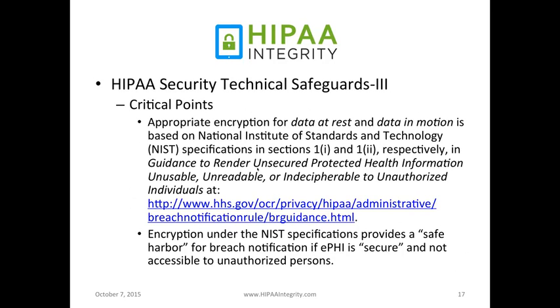So the critical points here are to remember it's appropriate encryption for data at rest and data in motion is also specified in that document, guidance to render unsecured protected health information unusable, unreadable, or indecipherable to unauthorized individuals. It was promulgated beginning in April of 2009. It hasn't changed. It's available at that URL.